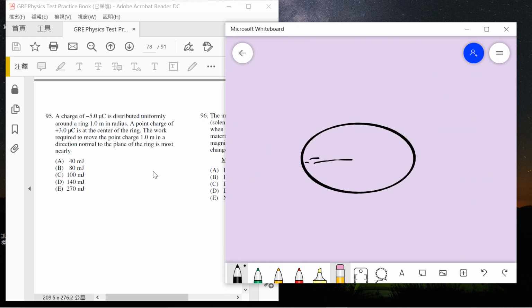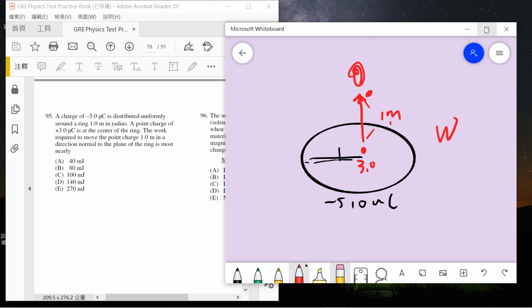So you have a ring, and then you also have a charge at the center of the ring. You ask about the work required to move the charge 1 meter in the normal direction to the plane. So basically, you want to move this charge to this point. It's 1 meter, and you ask about the work.